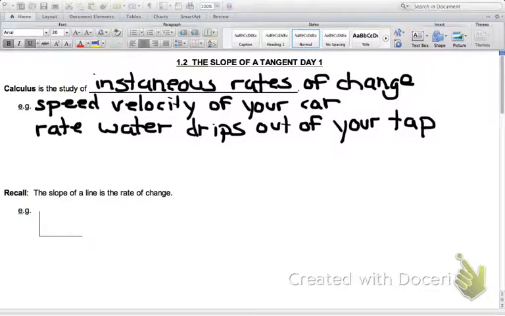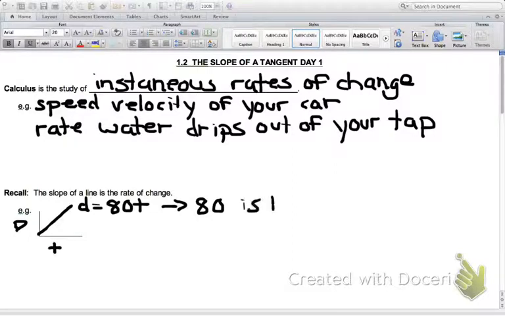So recall here that the slope of a line is the rate of change. So if we're measuring distance, which is represented by d, and time represented by t on a graph, for example, if we have such a line that looks like this, say d equals 80t, in this case, 80 is the rate of change.